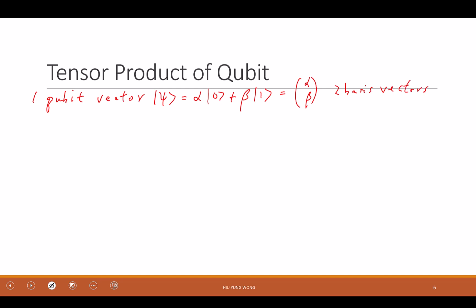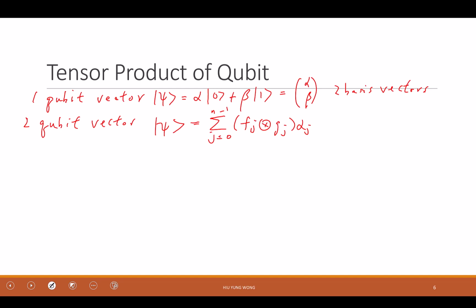Now, how about 2 qubits? Now you will see that a 2 qubit state can be expressed as a tensor product of the lower qubit. For example, let's just look at this. Psi, you can say it is just equal to summation j equals 0 to n minus 1, I'm just copying the equation I had earlier, d_j alpha_j.